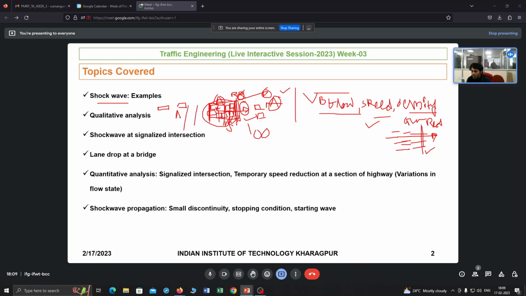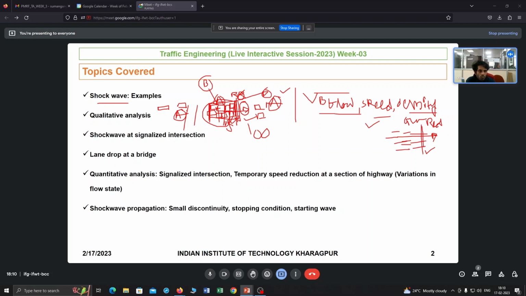And it is between A, the previous, and the newly formed one, suppose we call it B. Between A and B, the shock wave is moving backward, not in the direction of flow but opposite to the direction of flow.